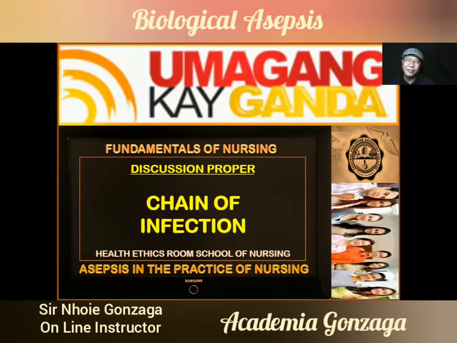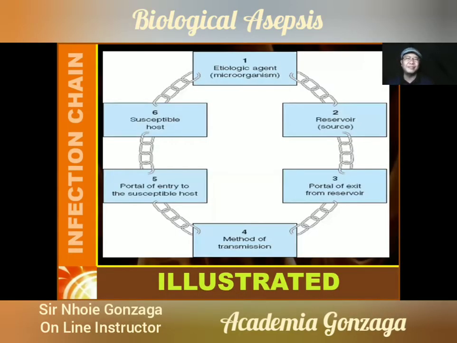Now, it will be time for me to discuss another important aspect of the infection process. We call this the chain of infection. First, the etiologic agent, or we call it the microorganism. Examples of this are the virus, the bacteria, protozoa.